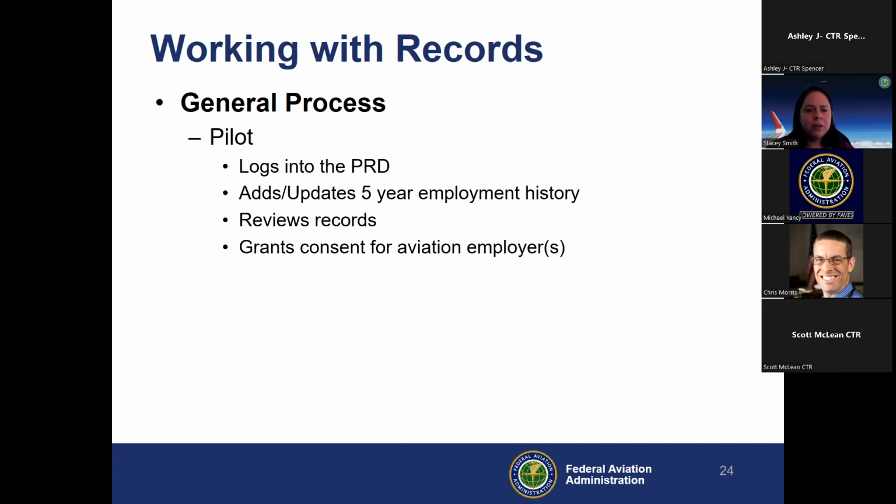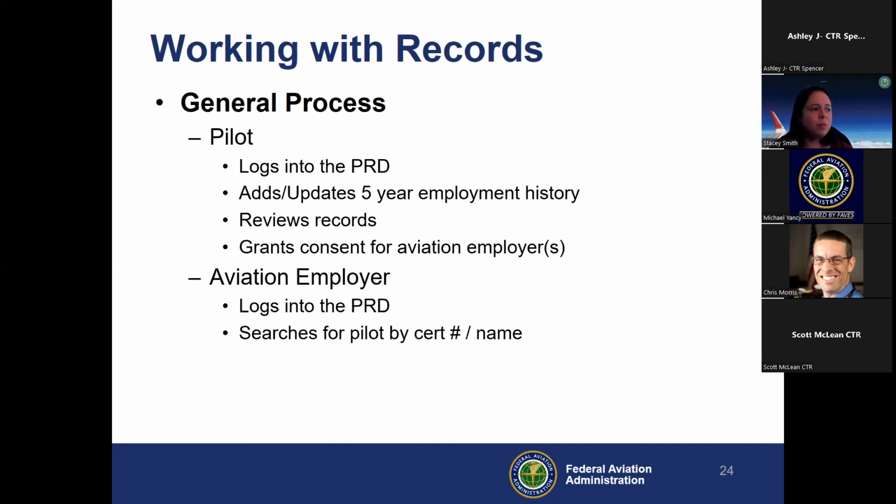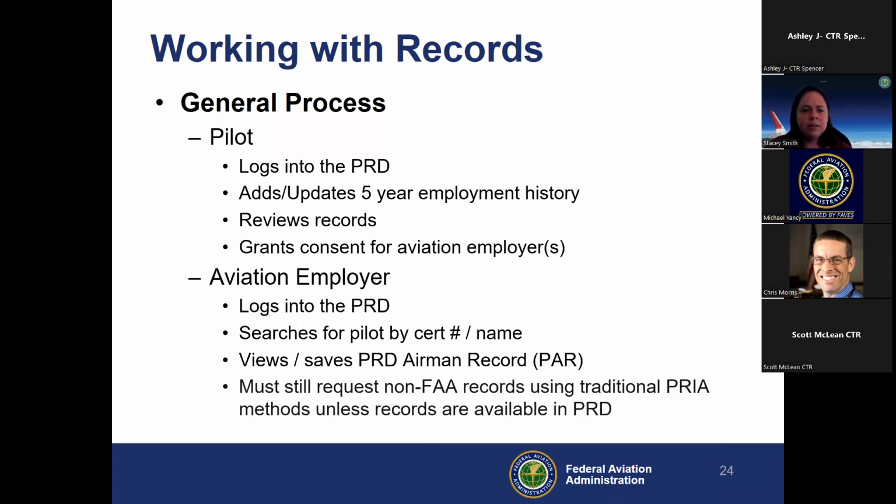Then we'll take a look at the aviation employer and how the operators and proxies log into PRD, search for a pilot by certificate and name, view and save the PRD airman record, and still request non-FAA records using the traditional process.